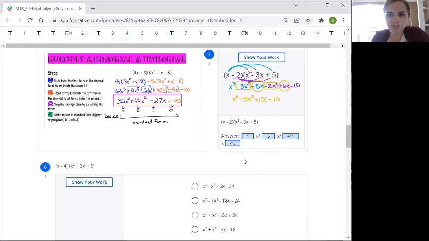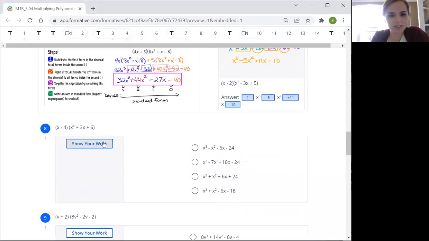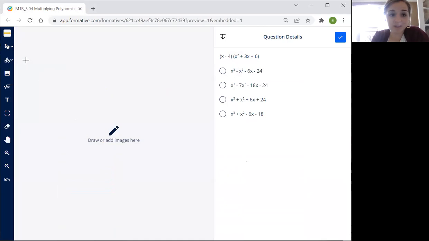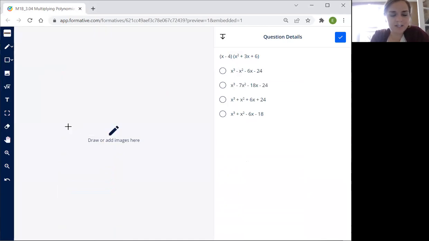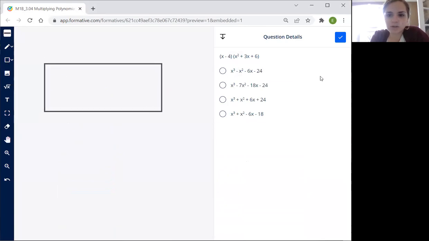All right, for the next one, I'll show you how to do the box method if you'd like to do that. You can do this with the binomials as well. With the box method, you create a box, and it's basically just a box to organize your multiplication. Since we're multiplying a binomial by a trinomial, we need a 2x3 box.